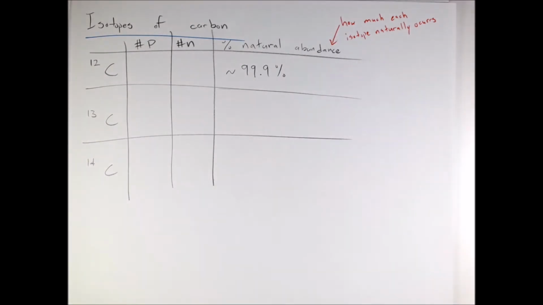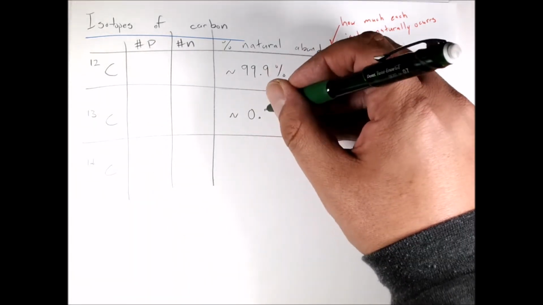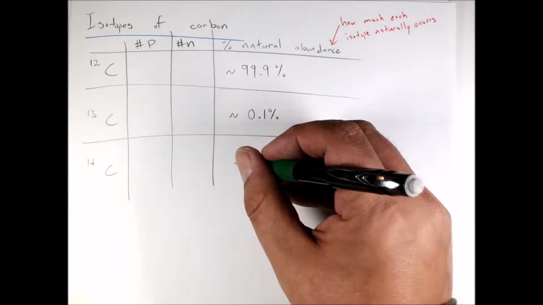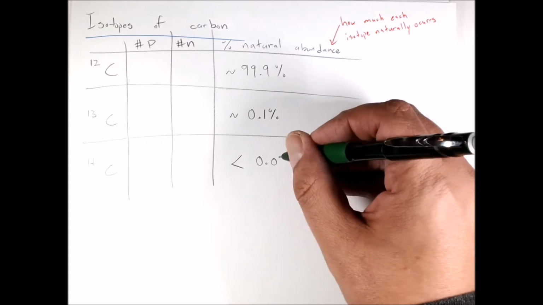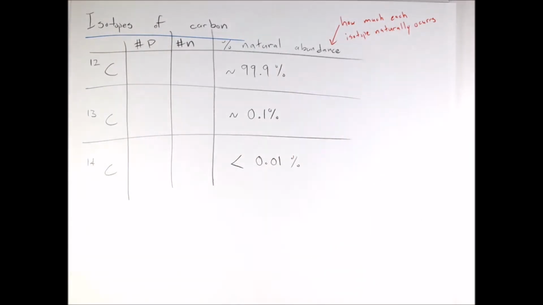What that means is if you were to take a look at all the carbon atoms in your body, they are almost all in the form of carbon-12. You have roughly 0.1% for carbon-13 and very, very little of the carbon-14. So it's less than 0.01% carbon-14.